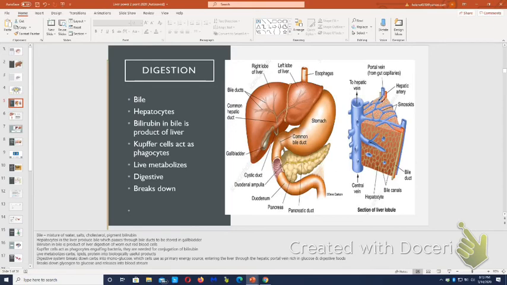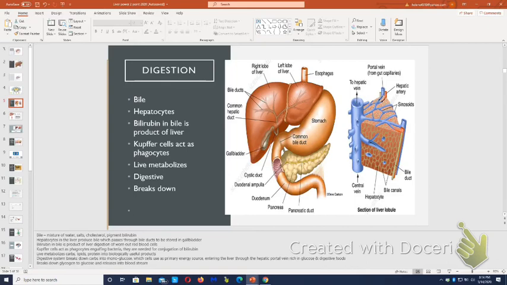Now, conjugation of bilirubin: in the spleen, old red blood cells are broken down into three parts. Globin, which is the protein, ferritin, which is the iron, and heme, which is the pigment. The globin and the ferritin are recycled, but the heme is transported to the liver as unconjugated or indirect bilirubin, which is not water soluble, but lipid soluble.